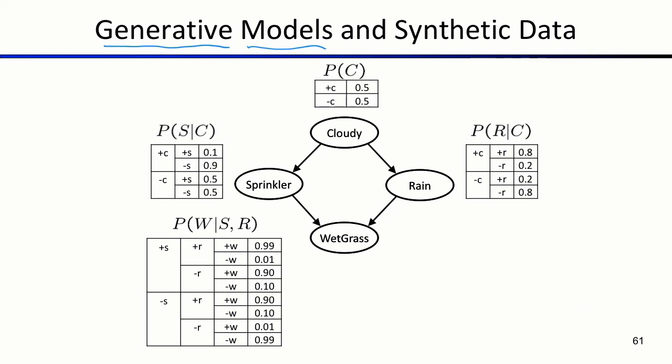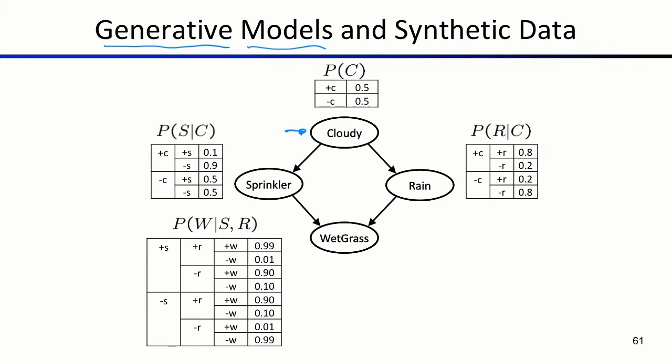Let me erase this because we're not going to need it, and let's sample values according to the topological order for this Bayesian network. We start with this node, and I'm going to sample a value for the node cloudy. The procedure for sampling is very simple. We use a random number generator to generate a number between 0 and 1 with a uniform distribution.